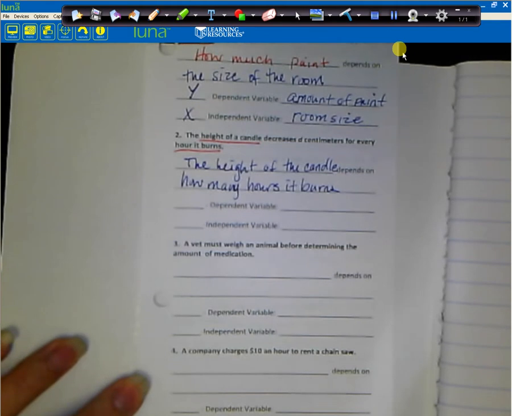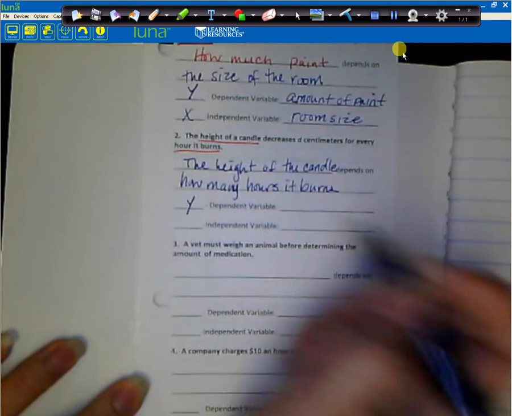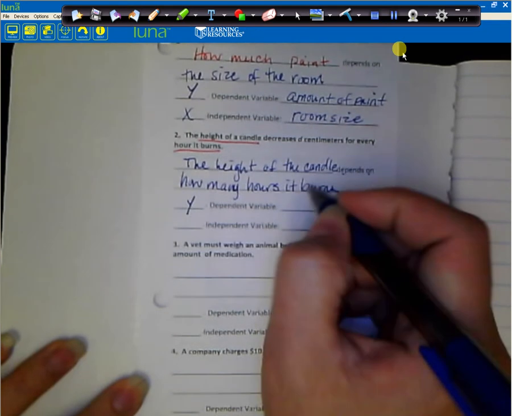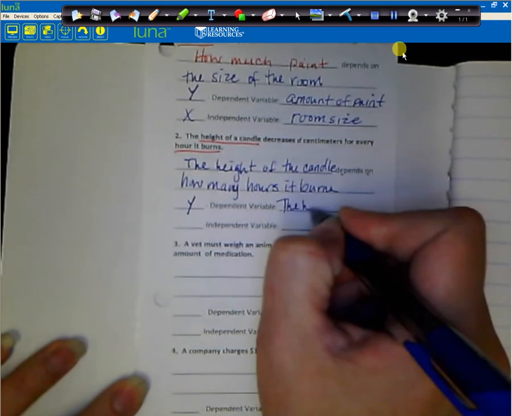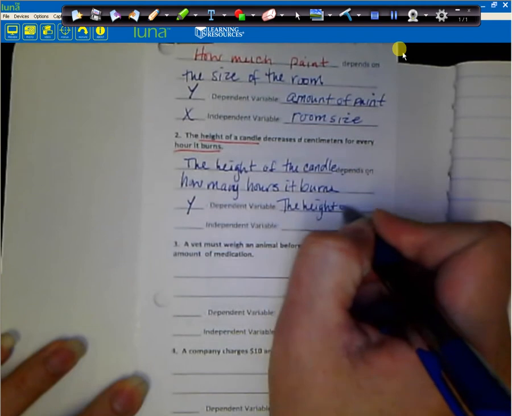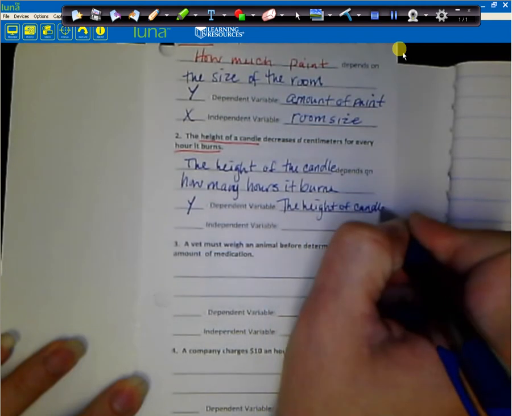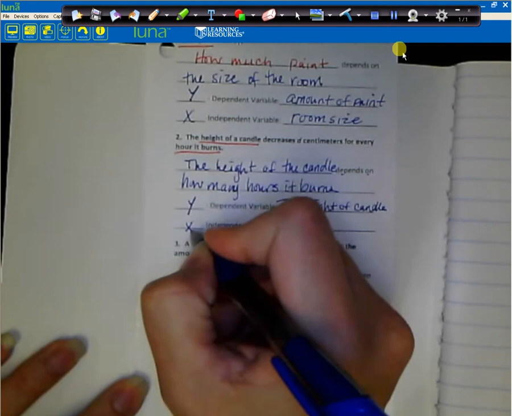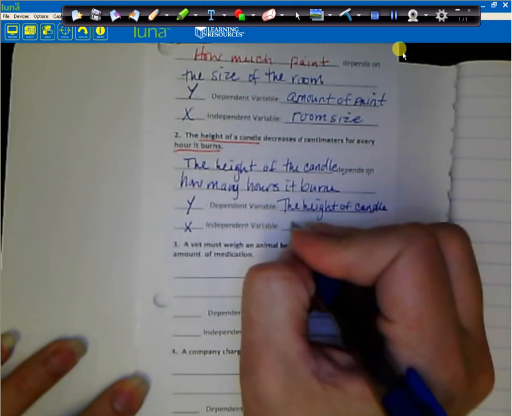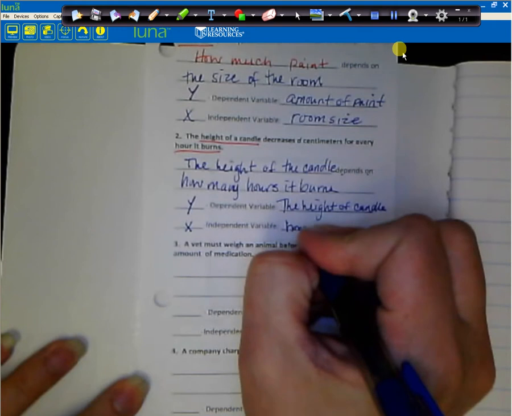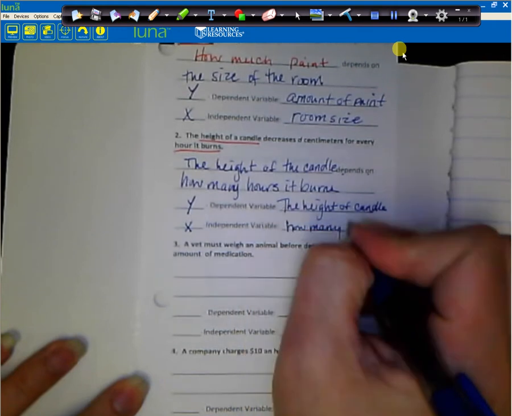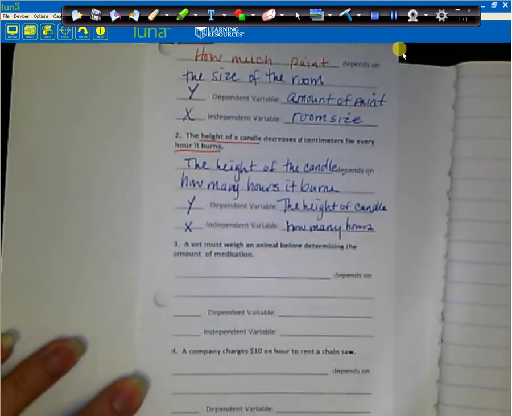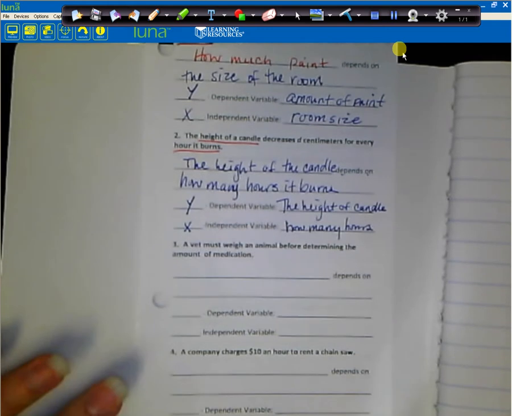So my dependent variable, the one that depends on the other, is the height of the candle. And the independent variable that determines my dependent variable is how many hours it burns. Make sure that you have both of those down.